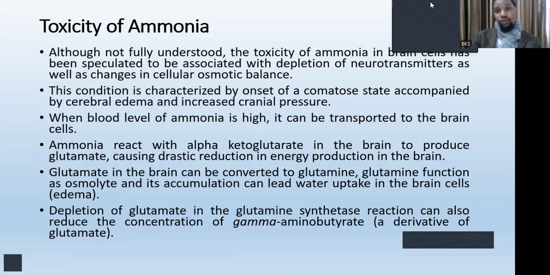Also, because glutamate is a source for this reaction, a lot of the ammonium that goes there will convert the available glutamate to glutamine. One important function of glutamate in the brain is to serve as the source of gamma-aminobutyric acid, which is a neurotransmitter. So if it is converted to glutamine, then glutamate is not available for the production of gamma-aminobutyric acid, and that will also lead to problems with neurotransmission.